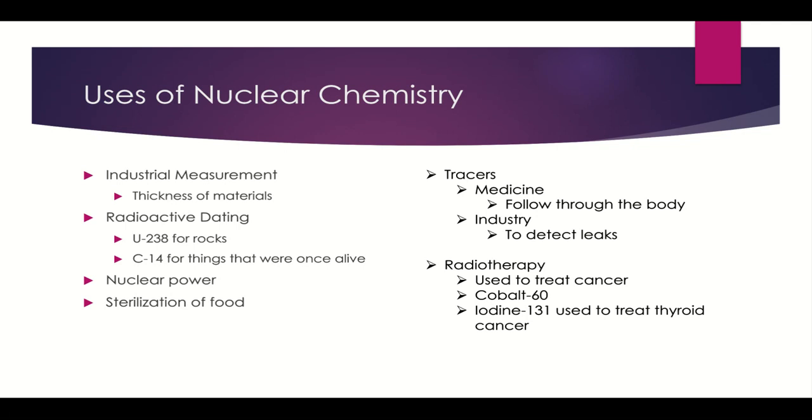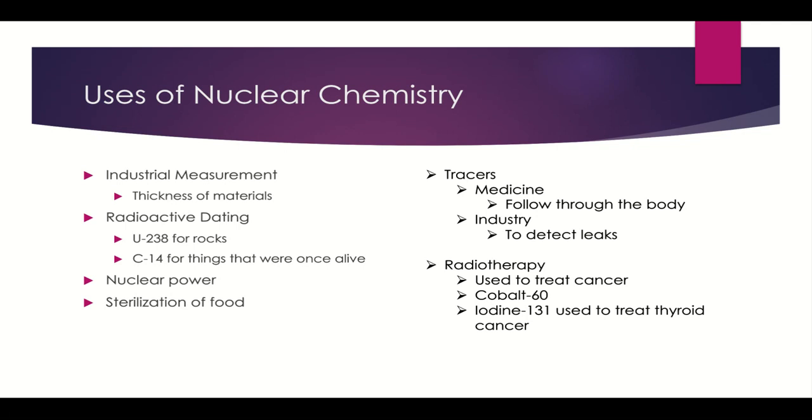But there are also just inherent dangers and advantages to nuclear chemistry, nuclear power in general. We also know about bombs, nuclear bombs. It's something that people are afraid of, that nuclear power can do so much damage very quickly. We've seen it in history.